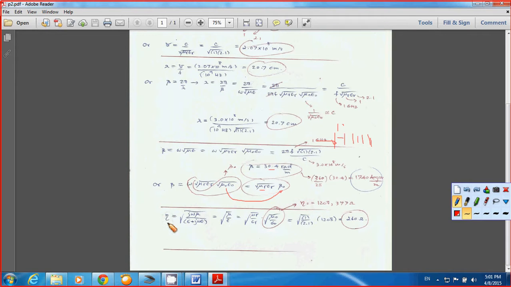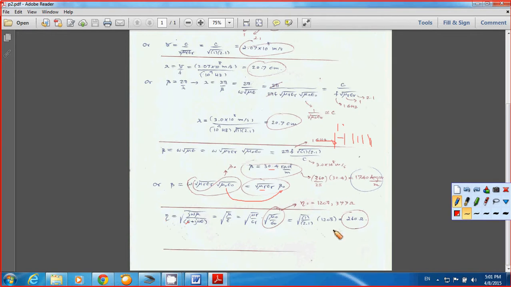Now for the intrinsic impedance, since your sigma equal to 0, you end up with square root mu over epsilon, and you split this term, this term becomes eta 0 or 120 pi, the intrinsic impedance in free space, and you multiply by the factor square root mu r over epsilon r.